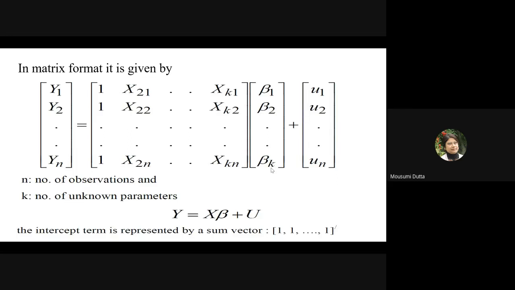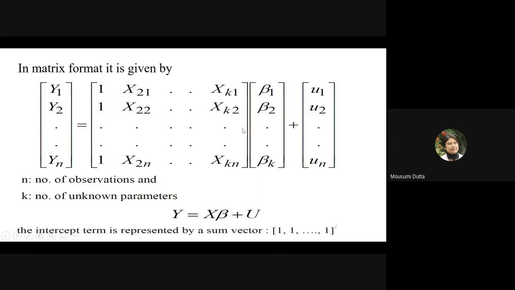So are you understanding this matrix vector structure? Is it fine to all of you? Yes or no? Are you understanding, or should I repeat? Yes, ma'am. Yes, sir. Okay.